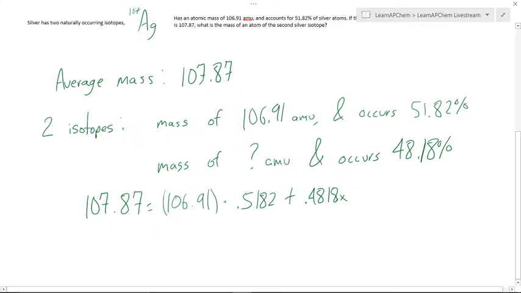So if I simplify this, simply doing some basic addition and subtraction, I'm going to get on the left-hand side 52.469, and then here equals 0.4818x. We divide both sides by 0.4818, and I get 108 point.